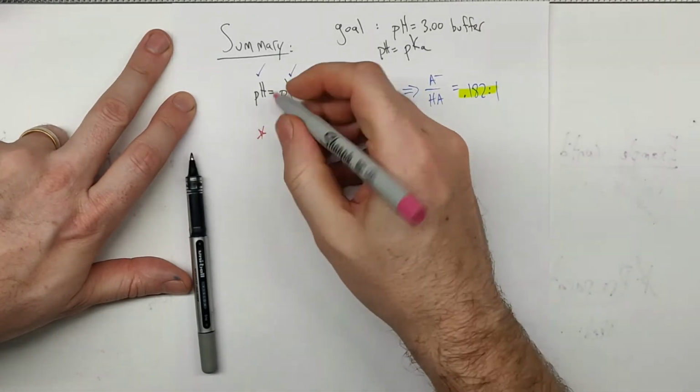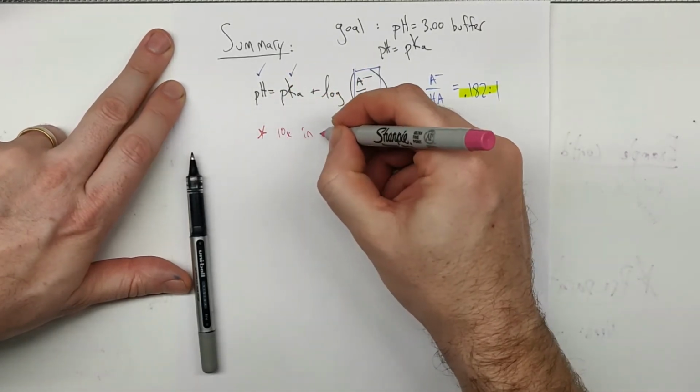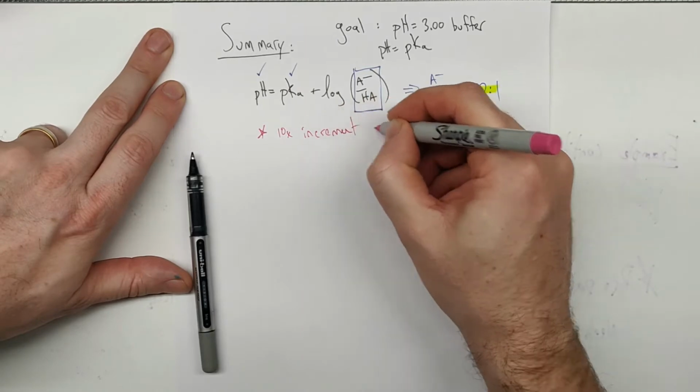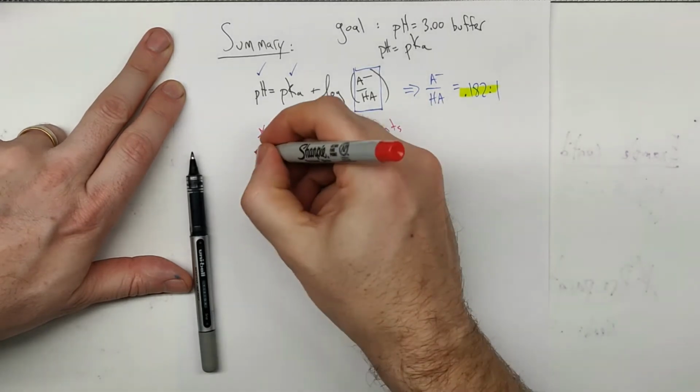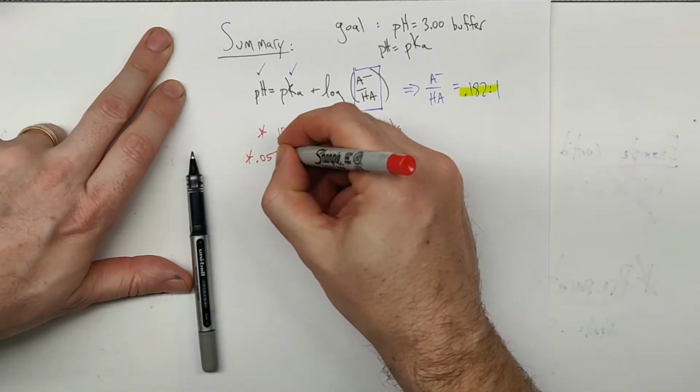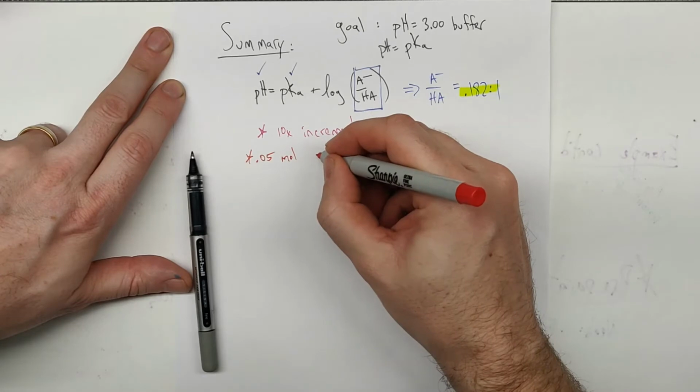And so I made up a rule and I just said 10 times the increment amounts, which gave us, in this situation, I declared 0.05 moles of acid or base.